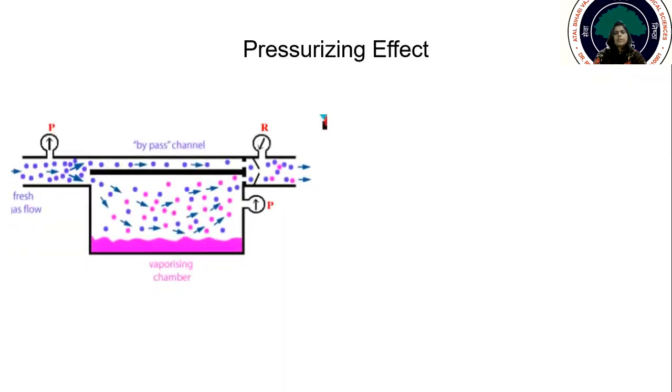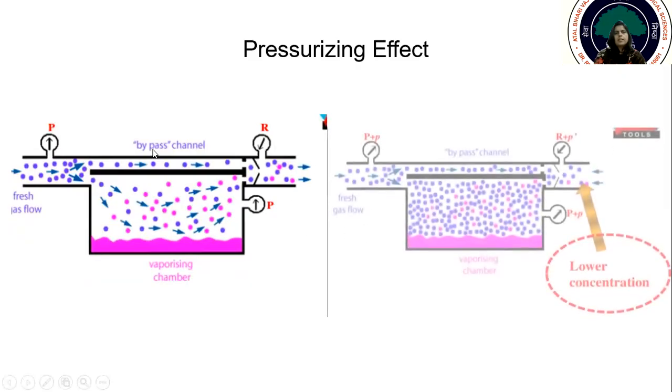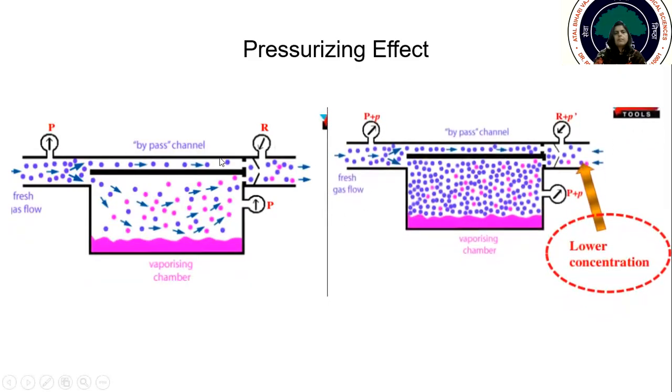What happens in pressurizing effect? The same concept here. High flow rate is coming. A positive pressure is applied here. The gas will get compressed inside the bypass chamber as well as inside the vaporizing chamber. You can see so many blue molecules. These are all fresh gas flow which is coming at a high flow rate. They will get compressed inside. However, the vapor molecule number will not increase because saturated vapor pressure depends on temperature and not on the ambient pressure, as we discussed earlier.